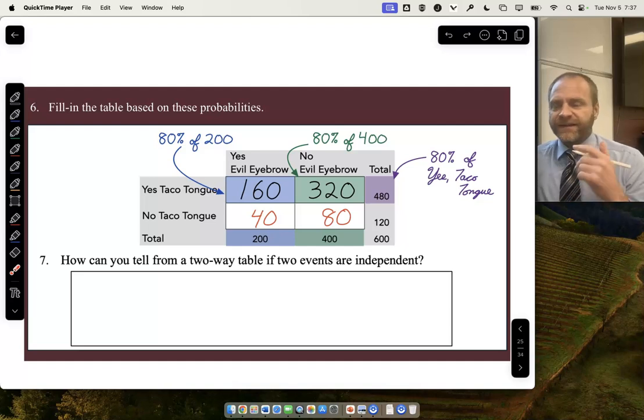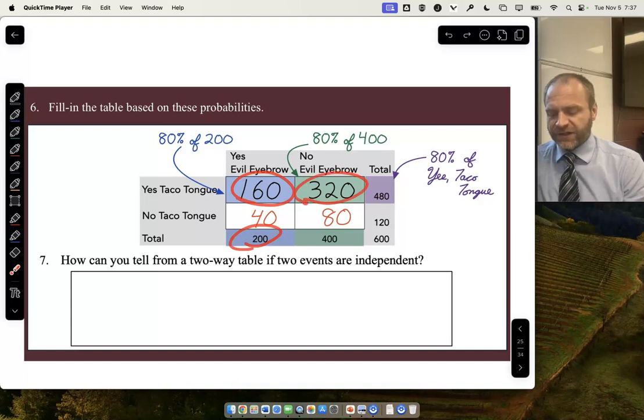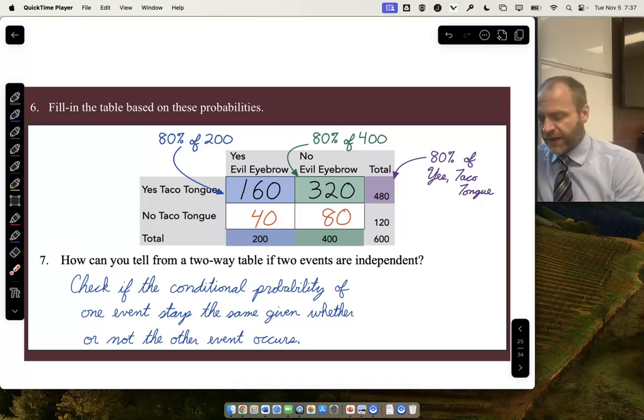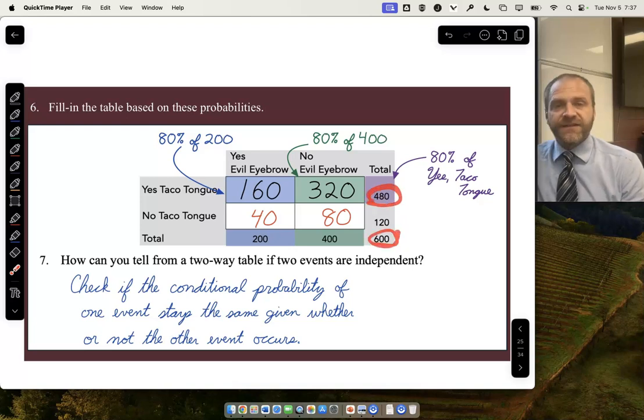And so we can see a nice little visual: if I'm focusing on my information, 160 divided by 200, 320 divided by 400, 40 divided by 600, they all have to be equal to each other. So if you ever want to know if two events are independent of each other, you need to check the conditional probability and relate it to just the original. The original was 480 divided by 600.